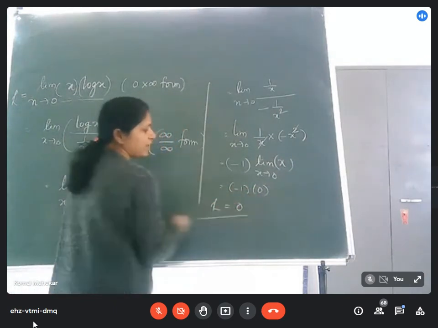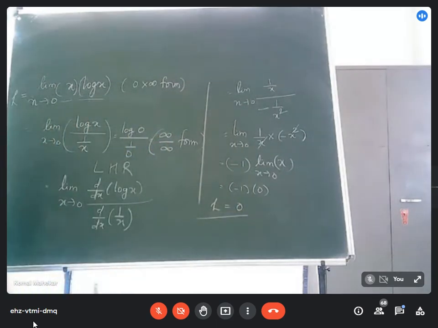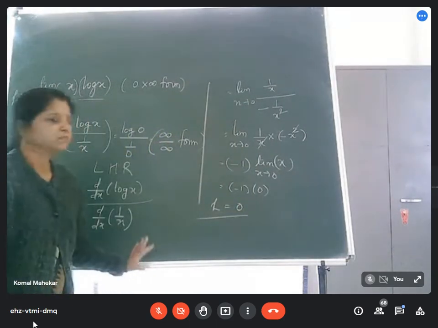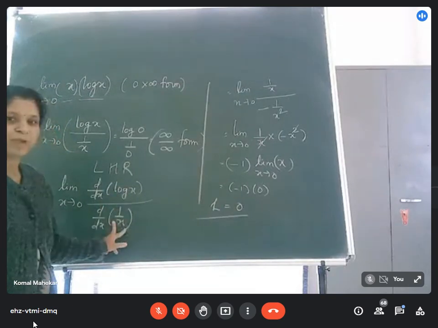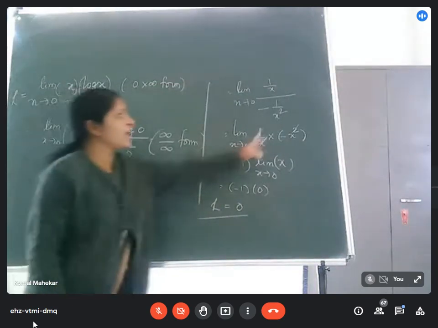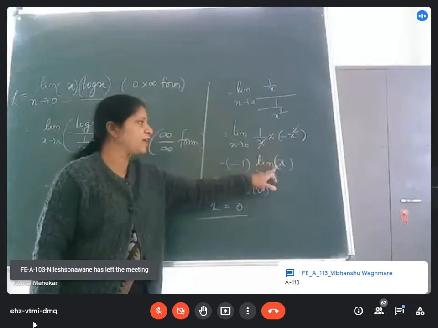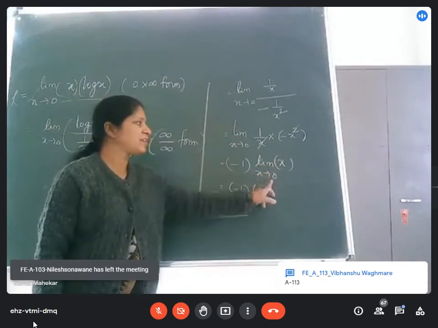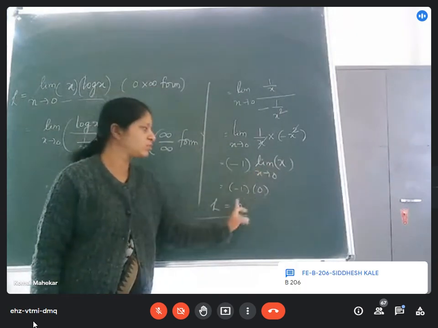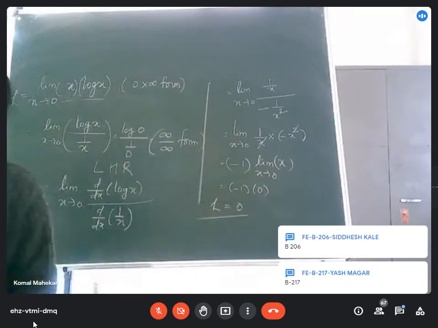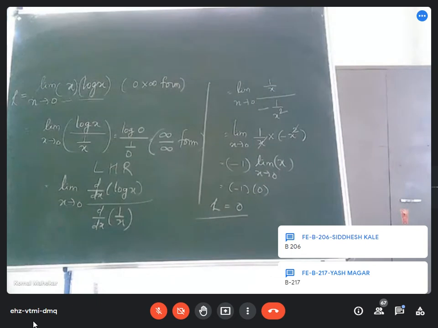So the limit is equal to 0 here. Very simple problem. Derivative of log x is 1 by x, derivative of 1 by x is minus 1 by x square. One x with this x gets cancelled, we get limit of minus x as x tends to 0. Minus 1 is constant, x is 0, so the answer is 0.